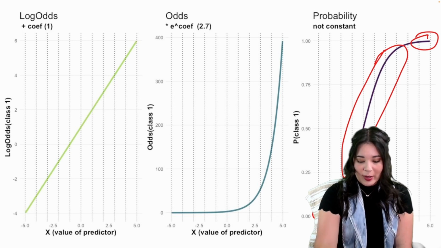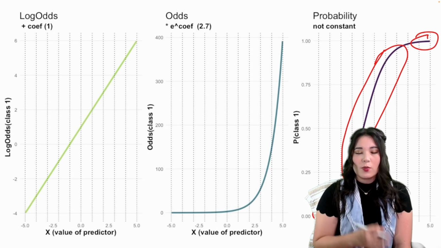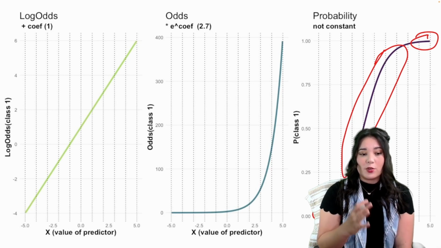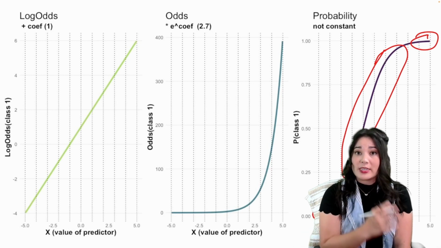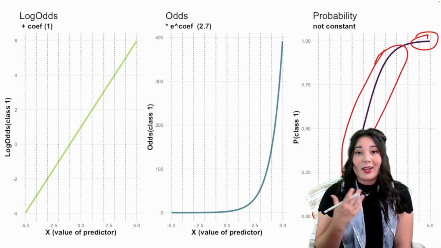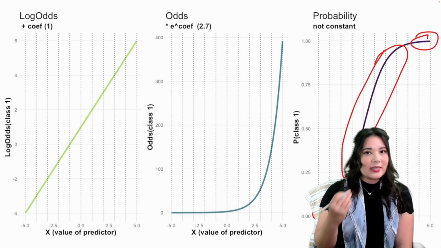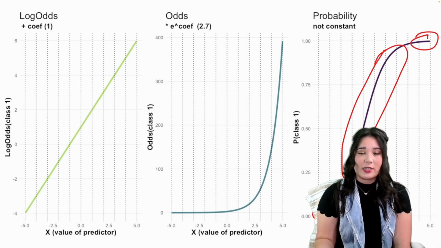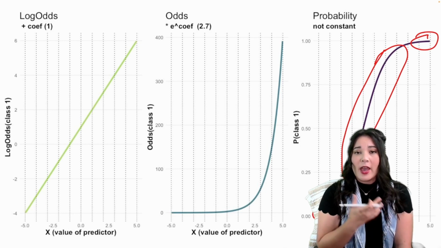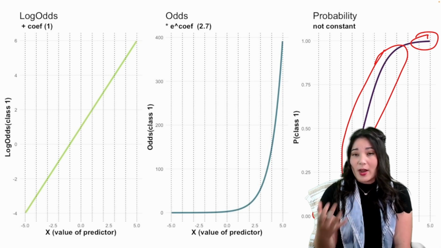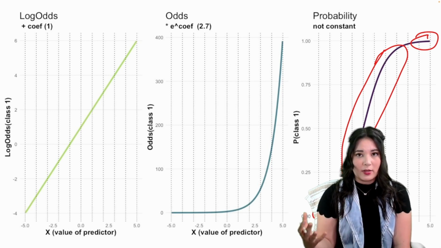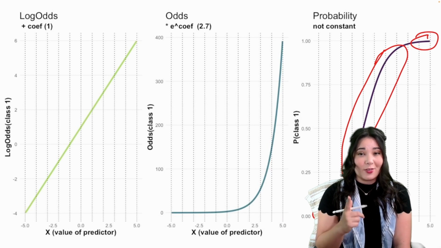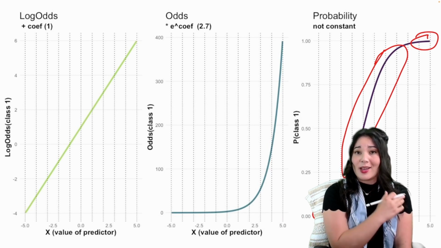As you increase by 1 unit, the predicted probability increases by a lot. So because the relationship between our predictor and our predicted probability is not constant, it means there's no single number that can represent that relationship. And for that reason, it's not possible for us to use probability coefficients, because there's not a single number that can represent that relationship like there is with odds and log odds.